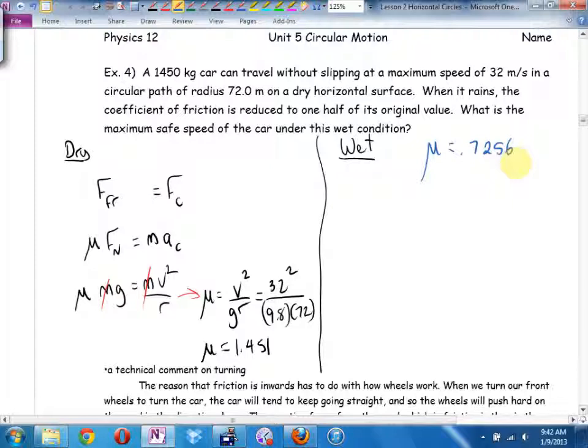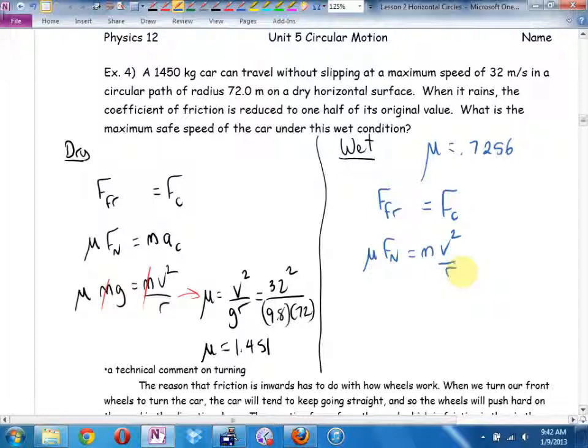What do they want me to find now? Maximum safe speed. We're moving in a circle, so I know my net force is centripetal. What's pushing me in a circle? Friction. It's going to be mu times the normal force equals m, and since they're talking about speed, I'll use v squared over r. I don't know the normal force. Oh, but look.